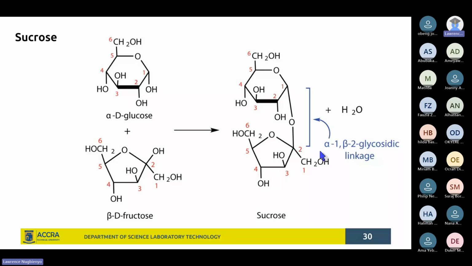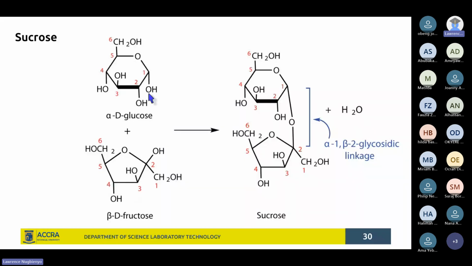And you have this bond being an alpha 1, beta 2 glycosidic bond. What does it mean? If you take the glucose molecule, you see it is in its alpha configuration. The hydroxyl group on the anomeric carbon is pointing downwards. So that is an alpha configuration of the glucose molecule.